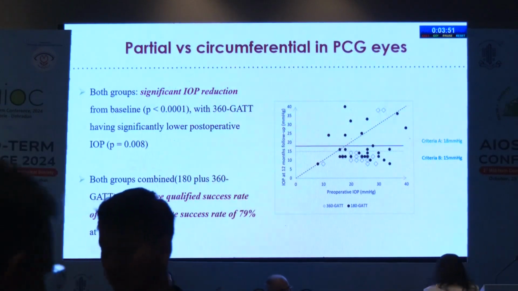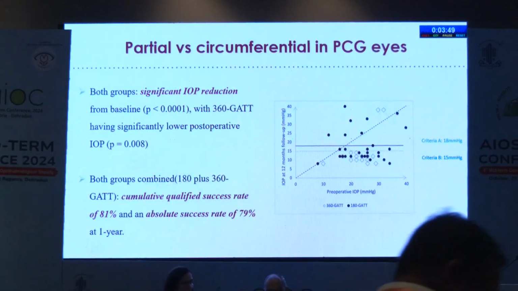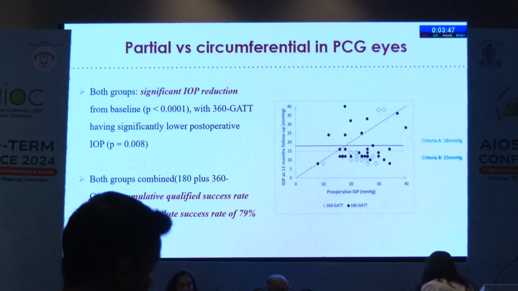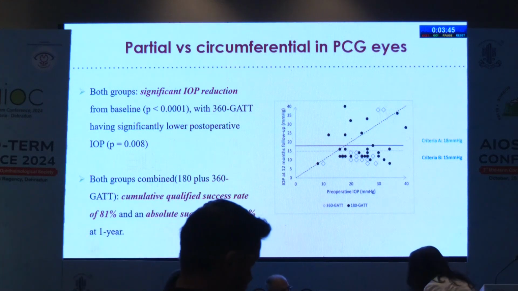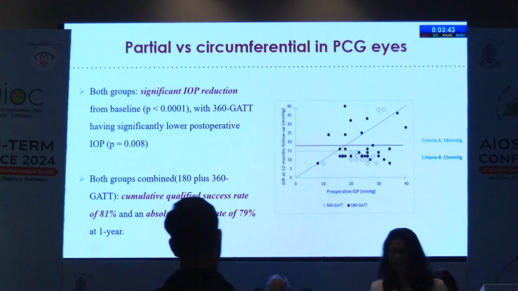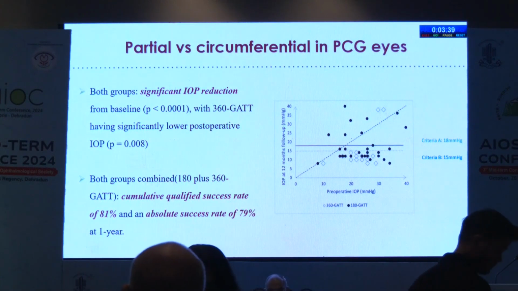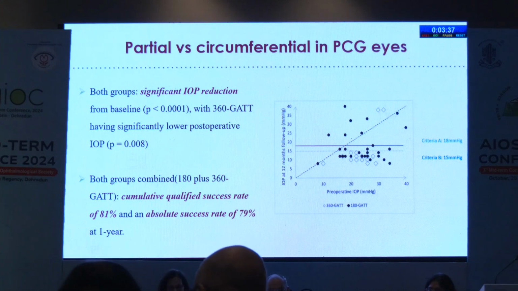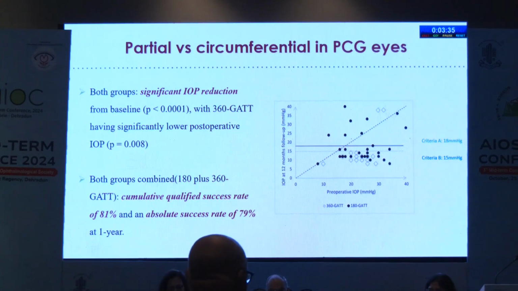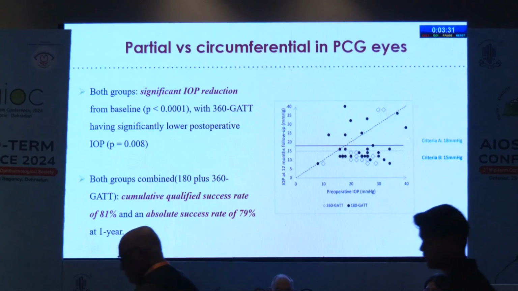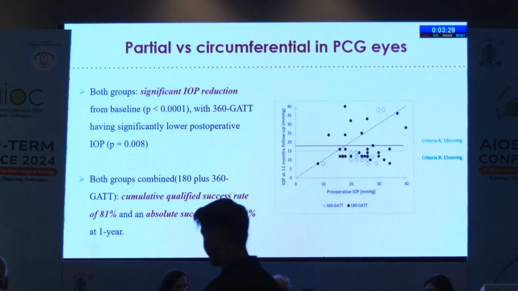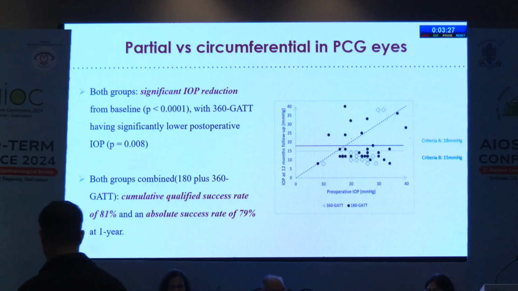When we looked at our outcomes, this is a randomized controlled trial of 180-degree versus 360-degree GATT in primary congenital glaucoma. This has also been recently published in the American Journal of Ophthalmology. We found that the 360-degree GATT patients did better than 180 degrees in terms of better lowering of IOP, decreased need for surgical intervention, as well as reduced need for medications.